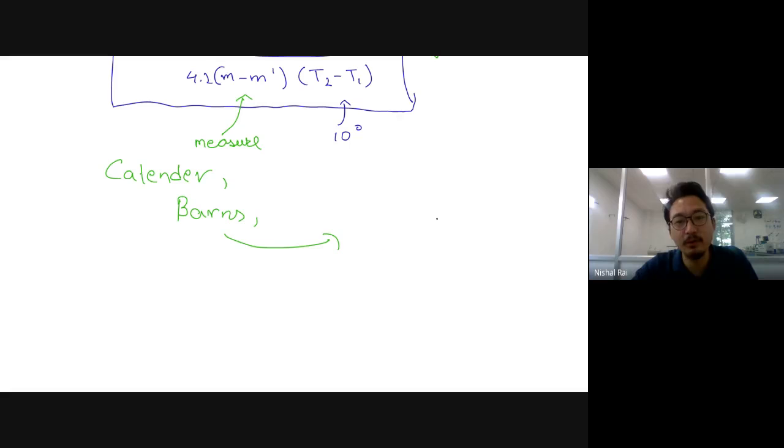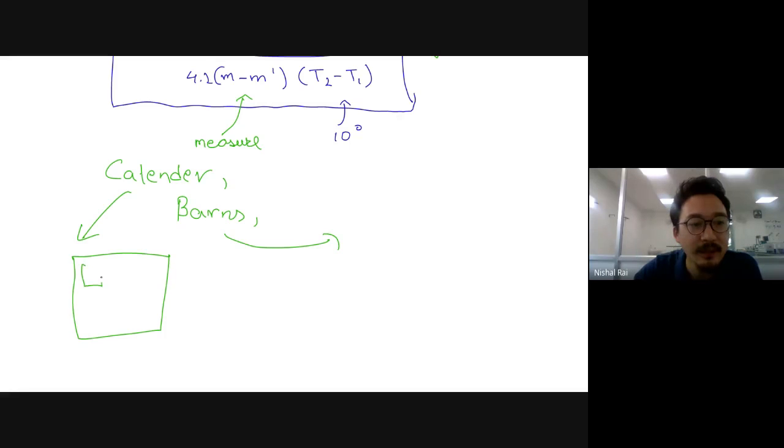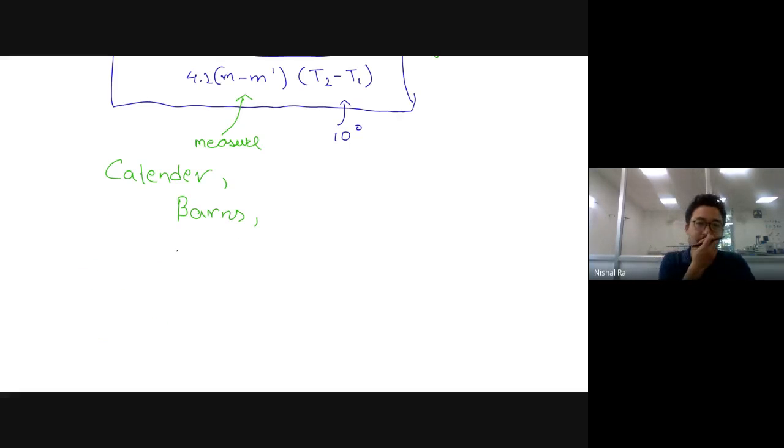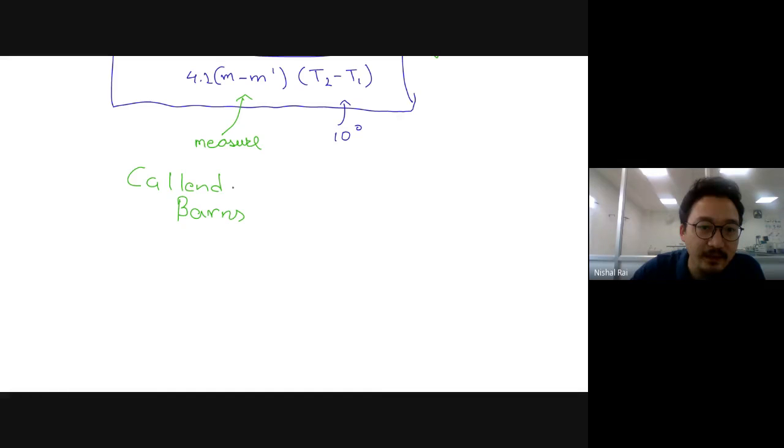Barn animal? And calendar means monthly calendar. So it's Callendar and Barnes.